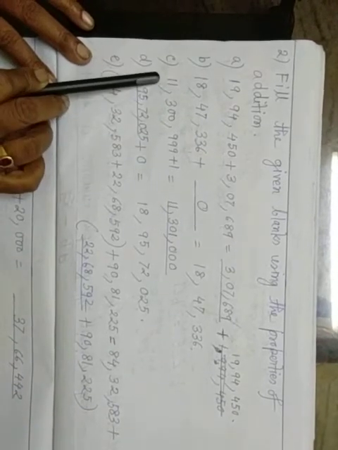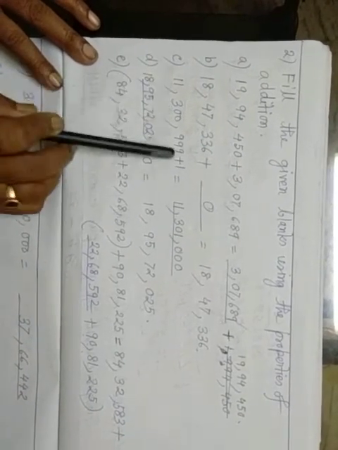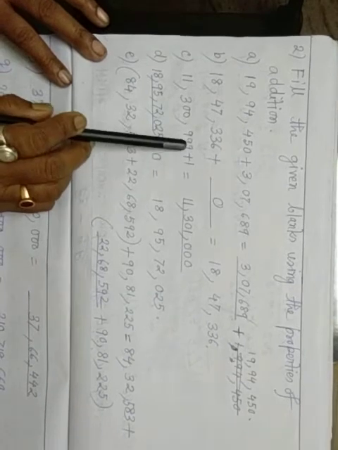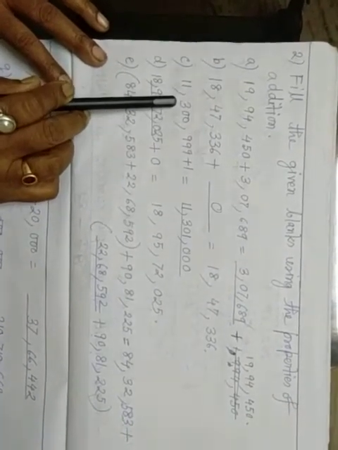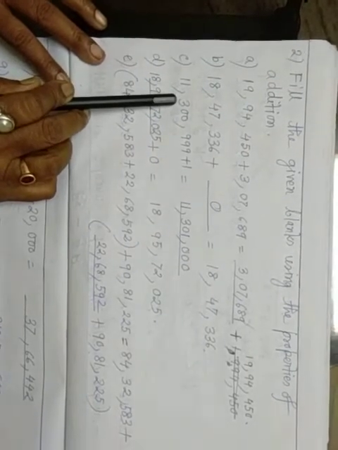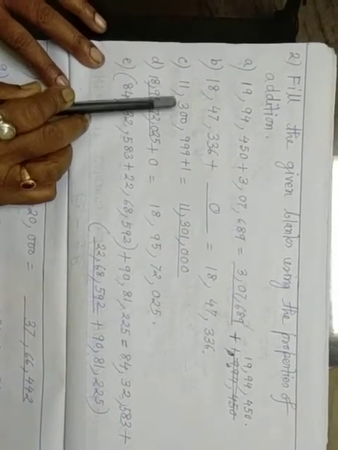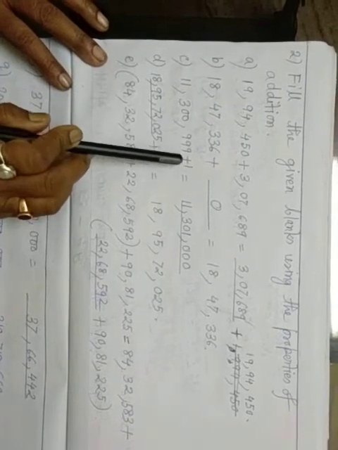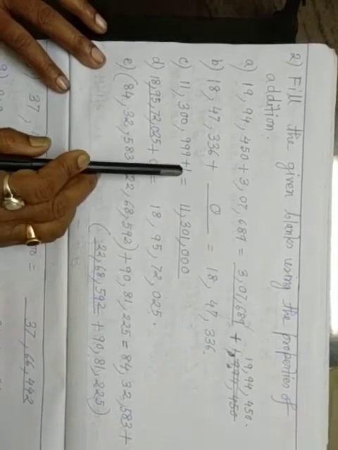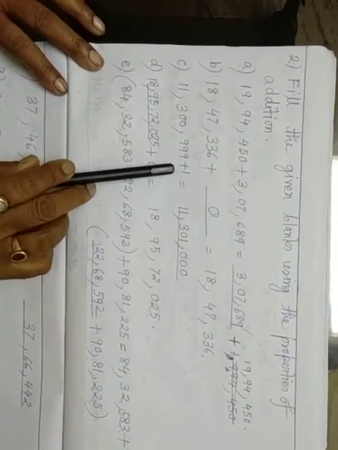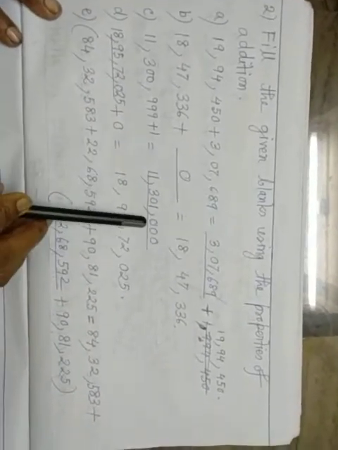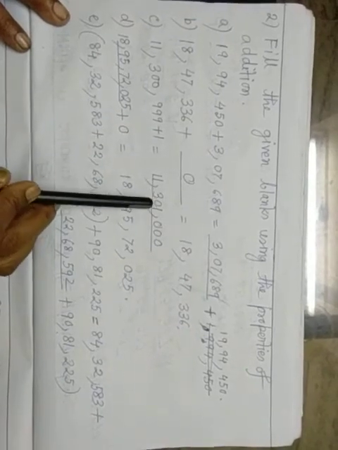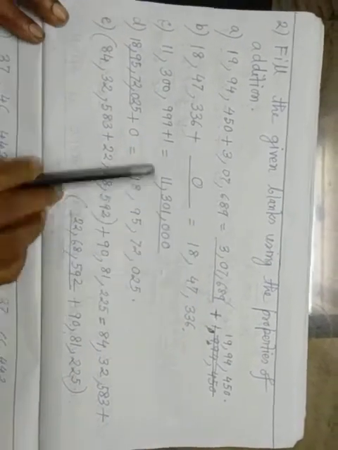Next, 11 lakh 999 plus 1, so the answer is 11 lakh 1,000. That is the answer; in the blank place you put this number.